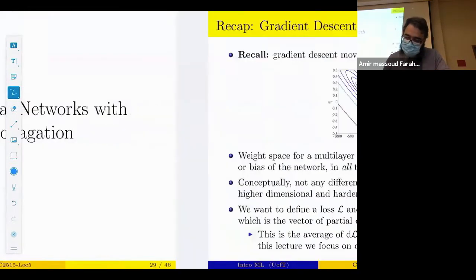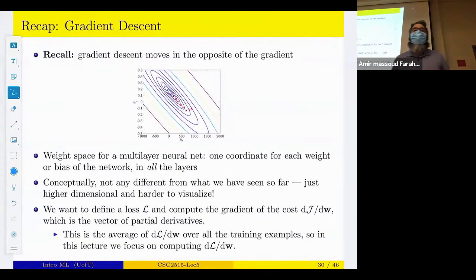So, training using backpropagation, well, the basic idea is similar to many that we had seen before. We just need to use gradient descent, which you know so far how it works. Gradient descent moves in the opposite direction of the gradients. And the gradient of what?